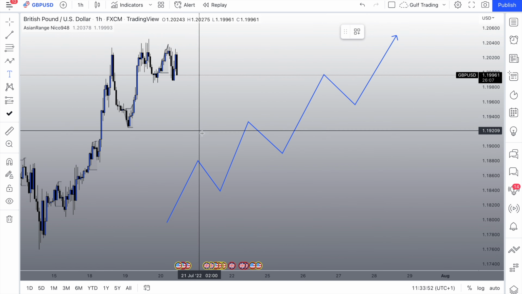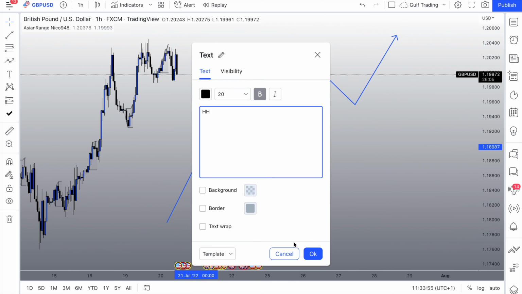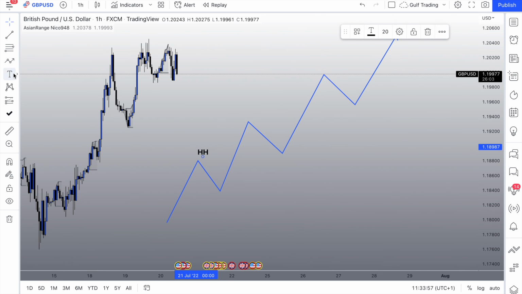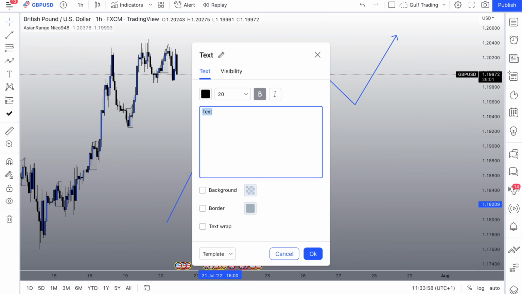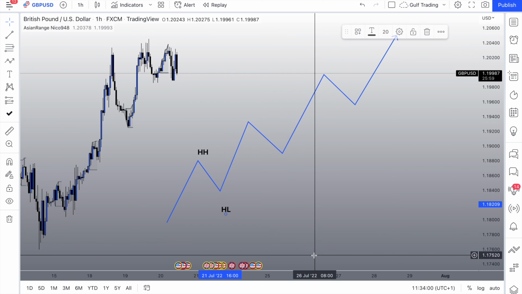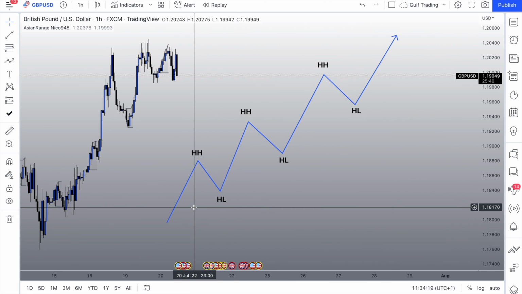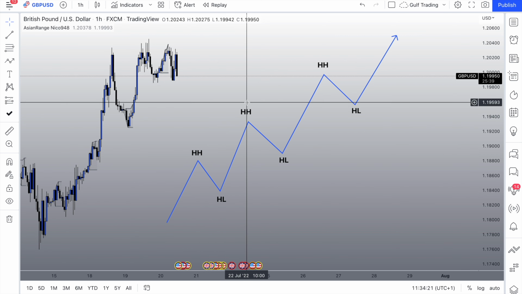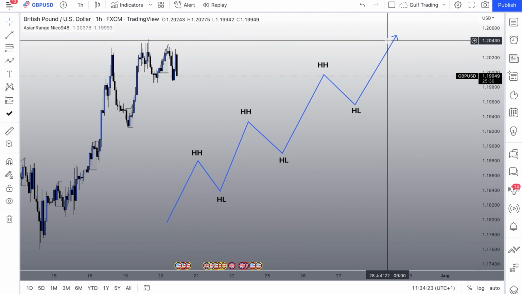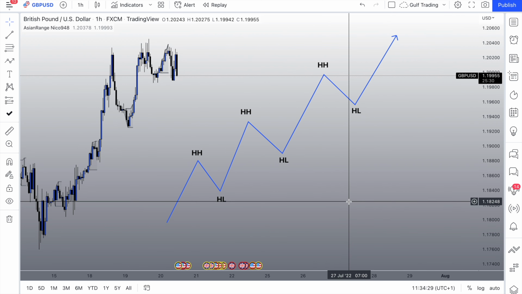Which I'll label: HH stands for higher high and HL stands for higher low. So when you've got a series of higher highs and higher lows, you're in an uptrend and you'll be looking for buys. The opposite is true for a downtrend, where you're looking for lower highs and lower lows.